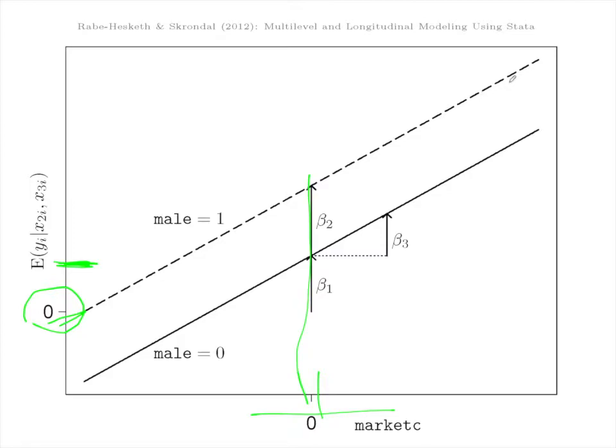So we've got a line here for males, a line for females. The difference between these two lines, that's our beta 2, that's our male coefficient. The slope of these lines, that's our beta 3, that's the effect of the market value for a discipline on salary.